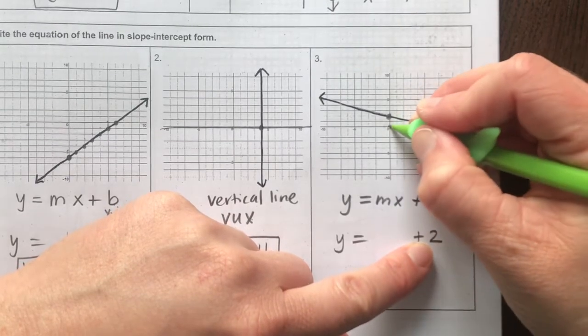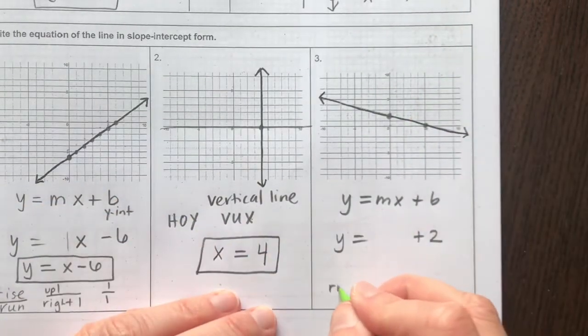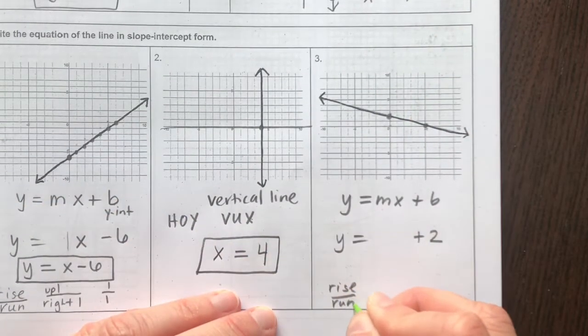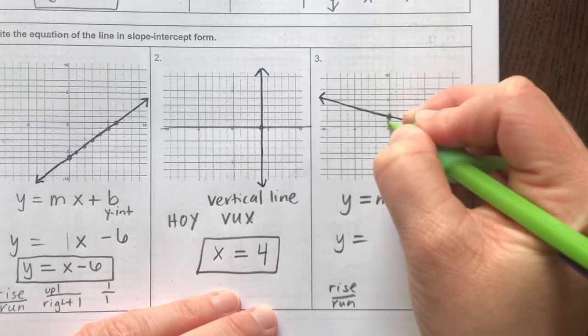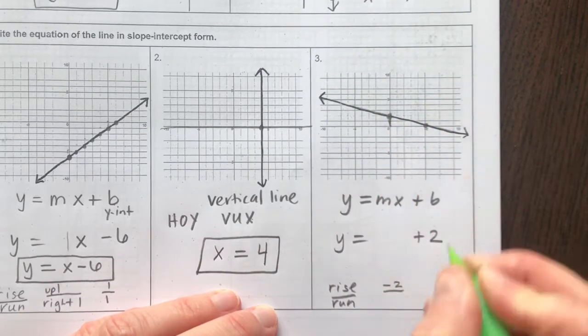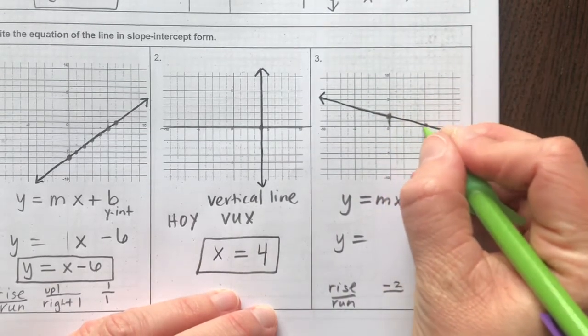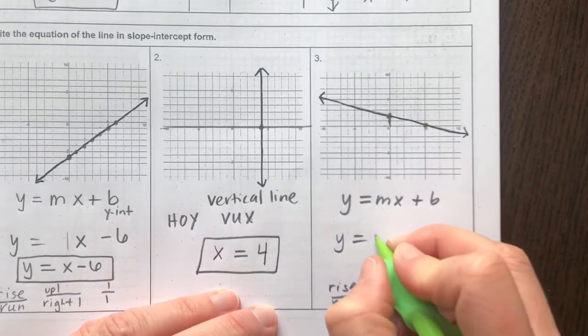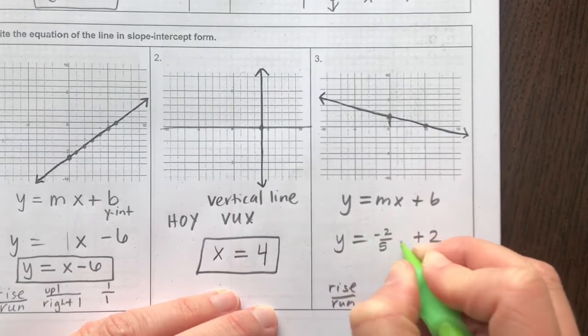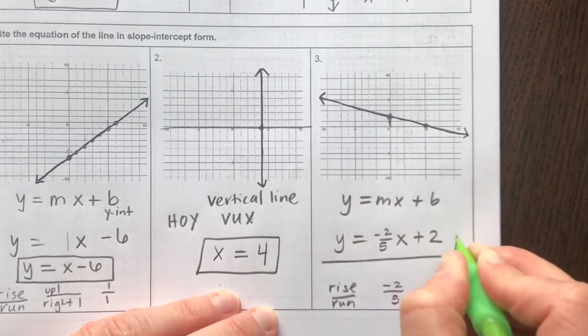So we're going to count our rise over run for our slope. Well, in this one, it's going down 2, and then to the right 5. And that would be my slope for my function.